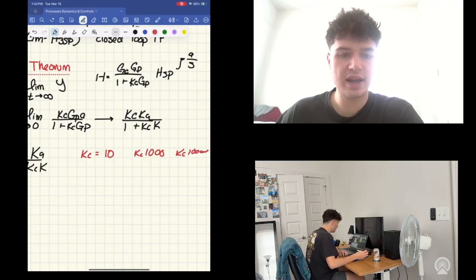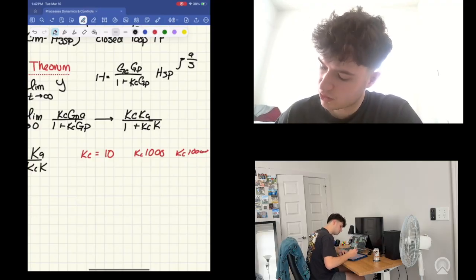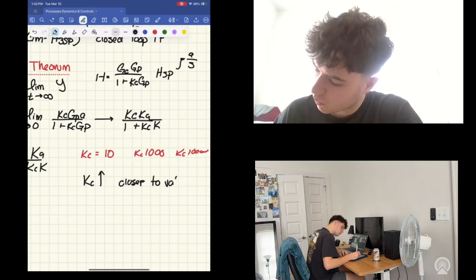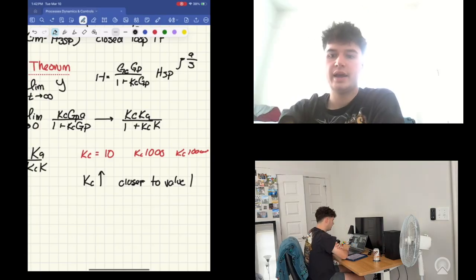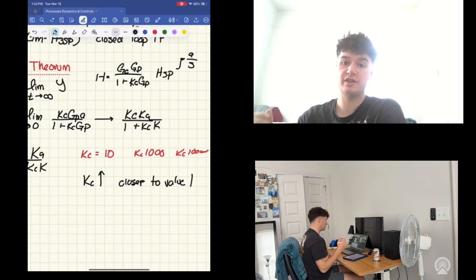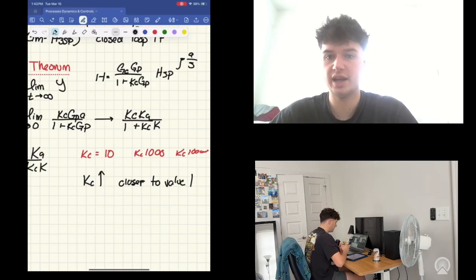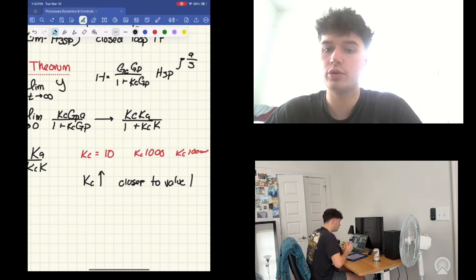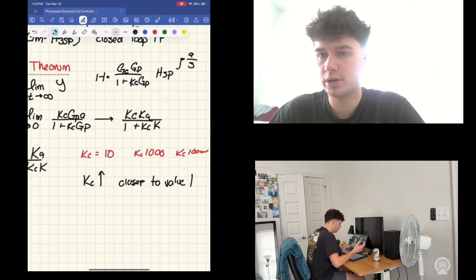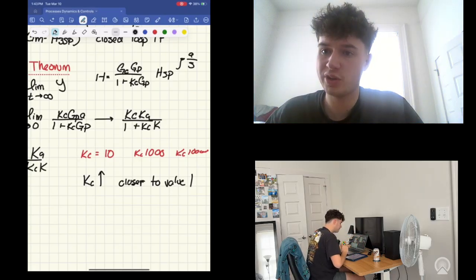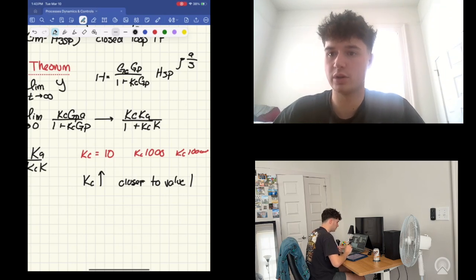You would realize that as I am increasing this controller gain, you will be getting closer to a value of 1. What this means is that our relative offset will be decreasing. So in summary, when you increase your KC value larger and larger, you'll be approaching a value of 1. Therefore, your offset will be smaller and smaller and smaller.